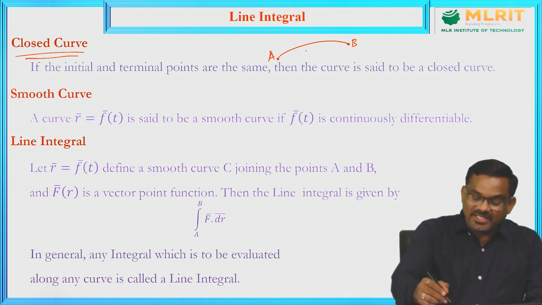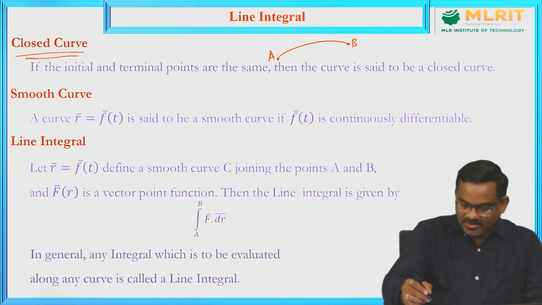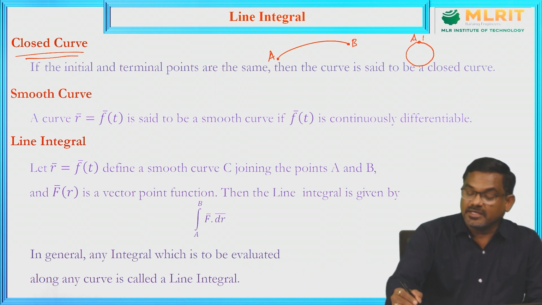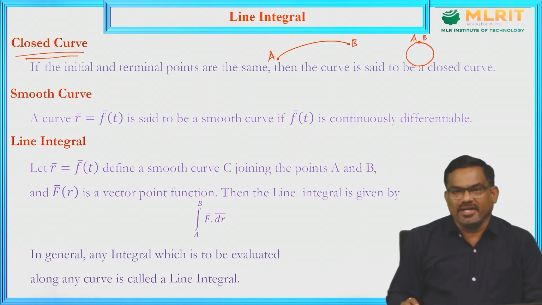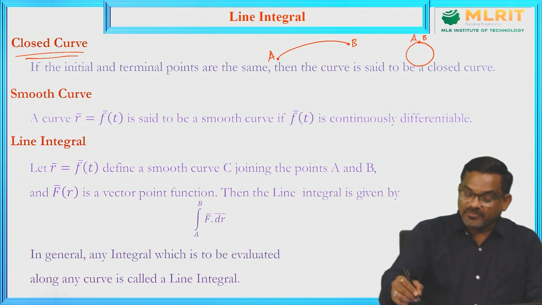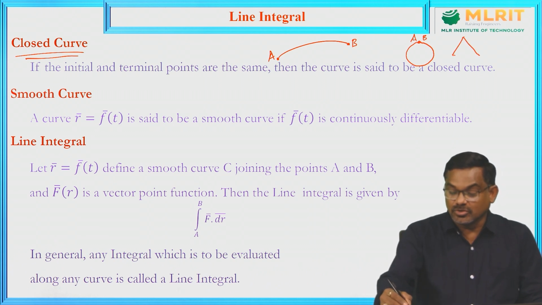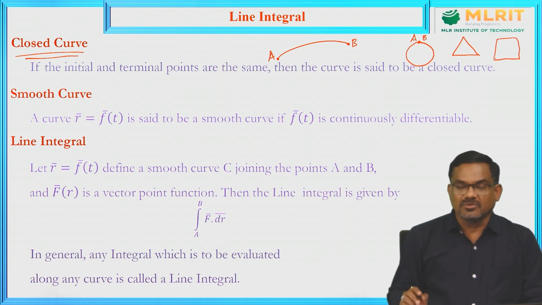Now, if these initial and terminal points coincide, that means, let us consider the terminal point B at the same point A. That means A and B coincide. Therefore, this curve is called a closed curve. The best example is a circle or a triangle, which is a closed curve, or a square, rectangle, and so on. These are closed curves.